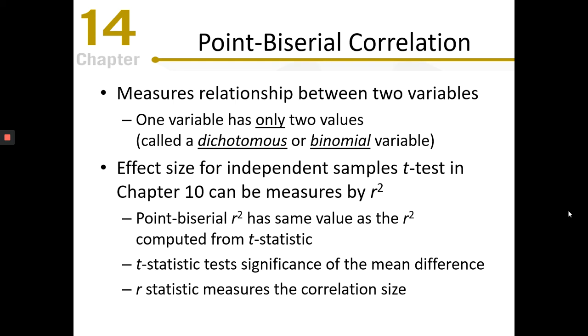You could also do a point biserial on an independent variable. Let's say that I have two levels of an independent variable: the color red and the color green. If you saw the color red, I'm going to give you a 1 on the color variable. If you saw the color green, I'm going to give you a 0.